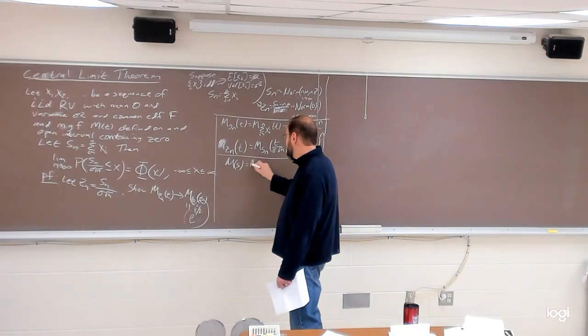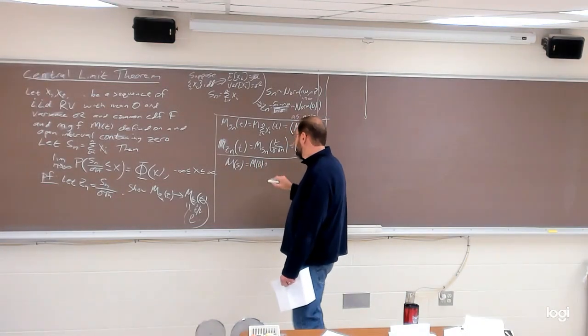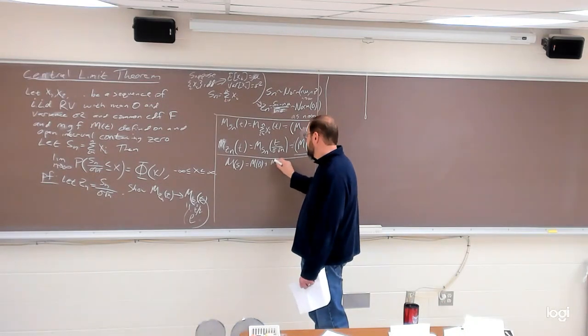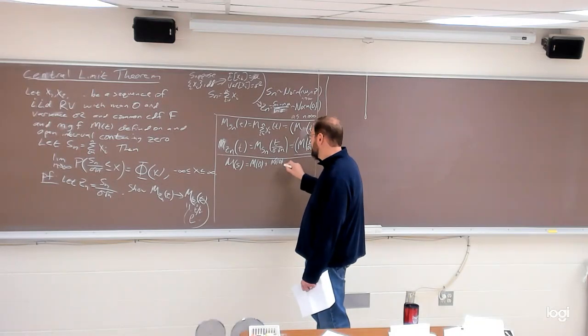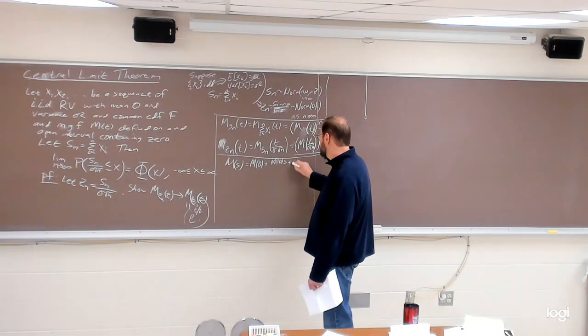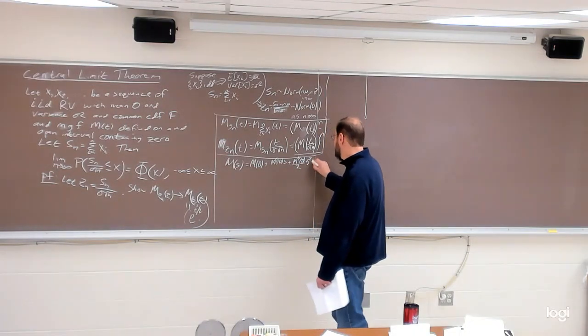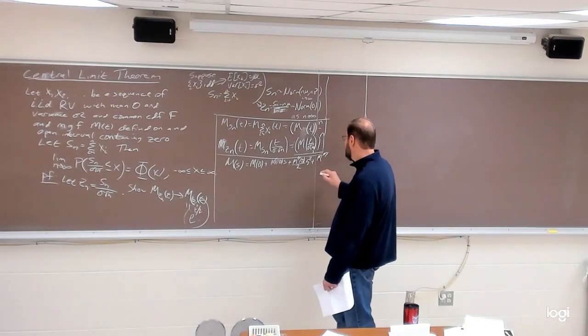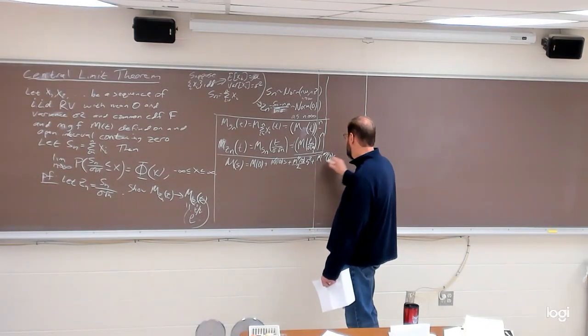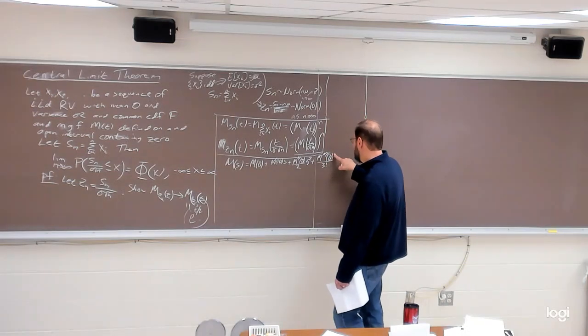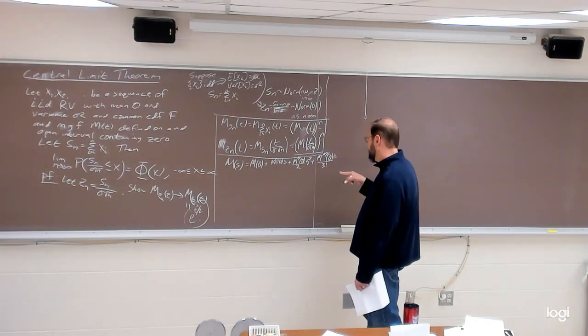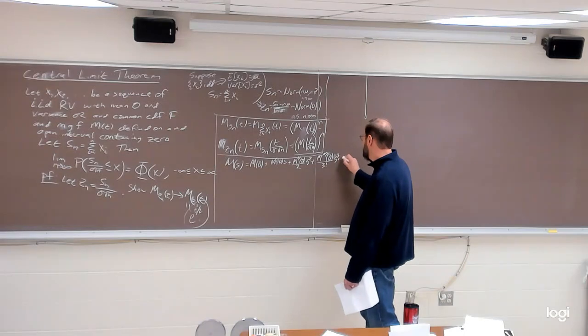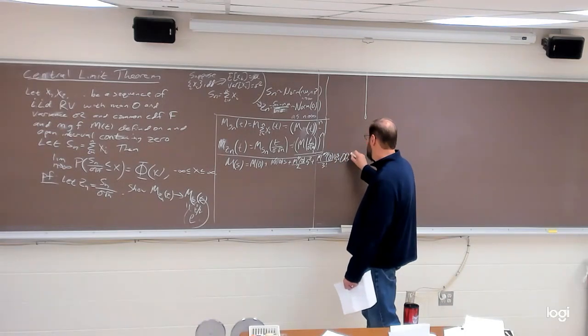So it will look like M of 0 plus M prime of 0 times s plus M double prime of 0 over 2 of s squared plus M triple prime of 0 over 3 factorial s cubed, plus some other things that all depend on s to the fourth.